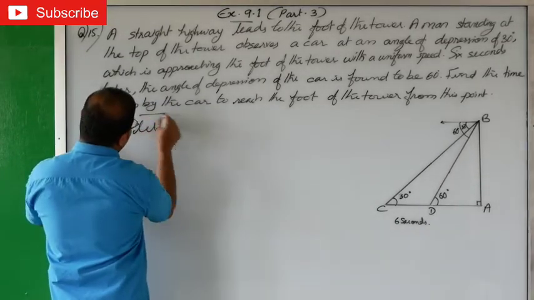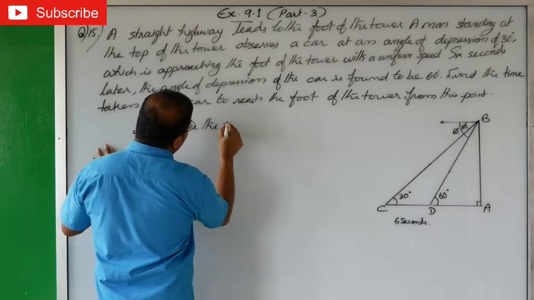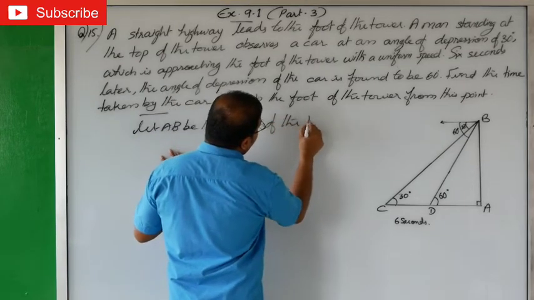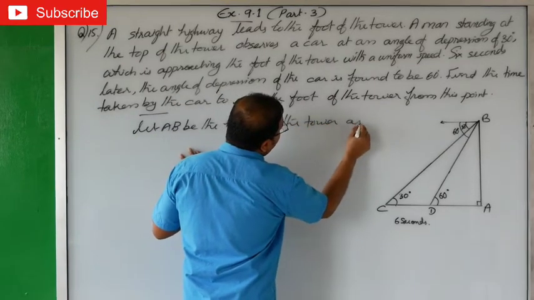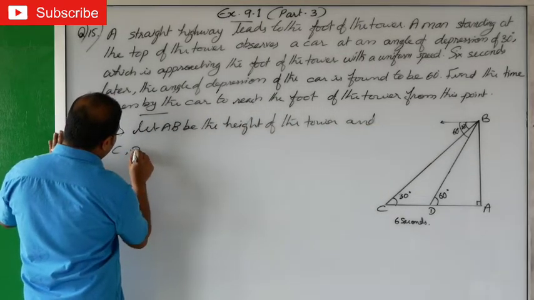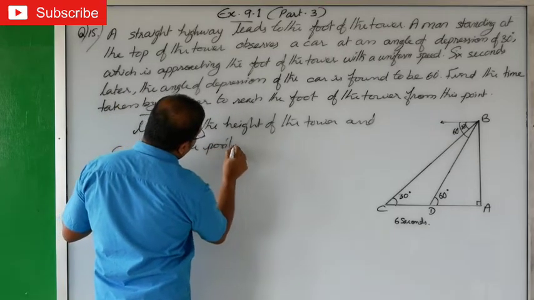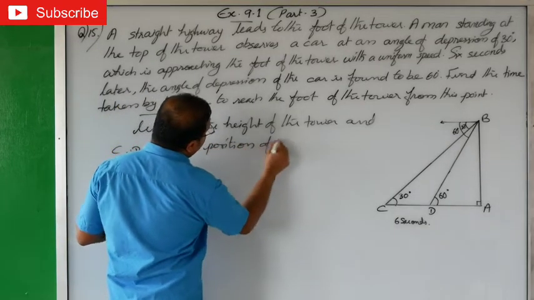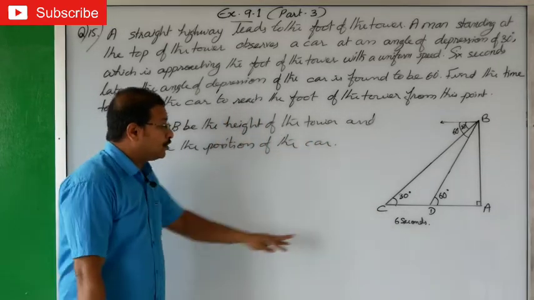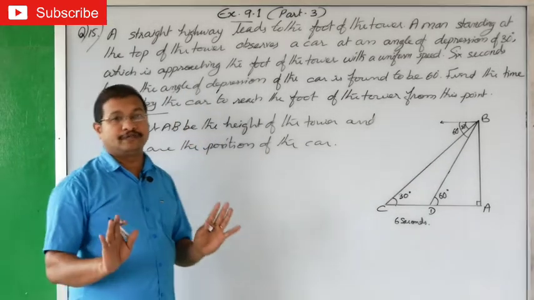Let AB be the height of the tower and C and D are the position of the car. Ready? So AB is the tower and C and D are the position of the car.